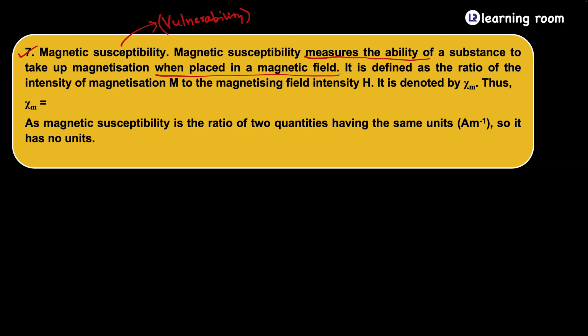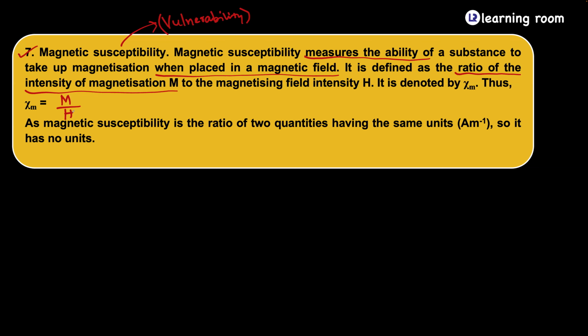But what is the mathematical definition for it? It is defined as the ratio of the intensity of magnetization M to the magnetizing field intensity H, that is, M by H. M is the output and H is the input. Magnetization is the output achieved in the presence of H. Is that point clear?